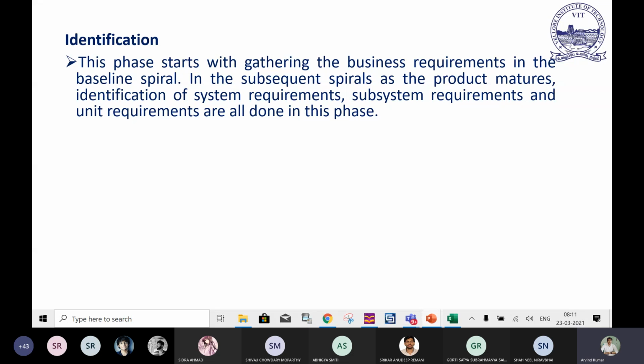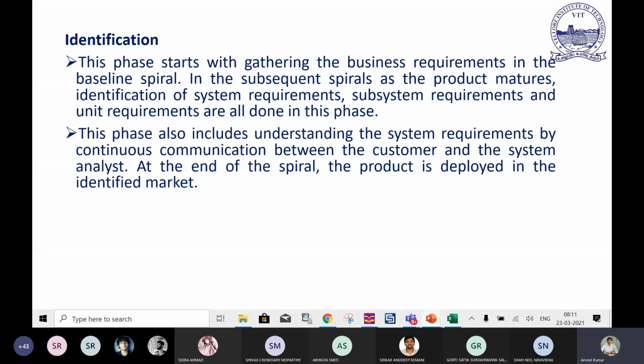This phase also includes understanding the system requirement through continuous communication between the customer and the system analyst. So you have to take feedback from the customer on what exactly they want, and once he's satisfied, okay, it would be fine, you can start the next phase. But in case he is unsatisfied at some step, at the end of delivery you can make the amendment again, that is also possible.